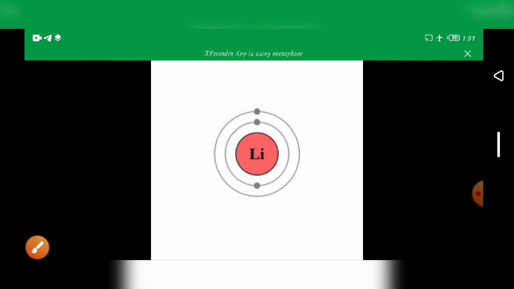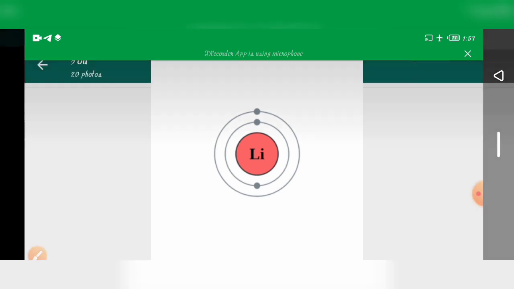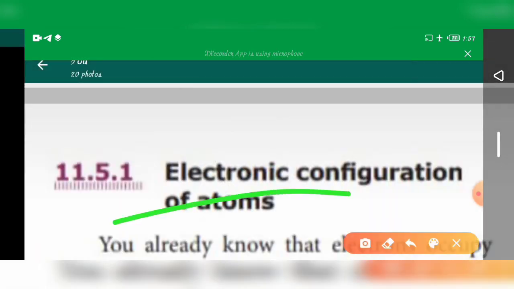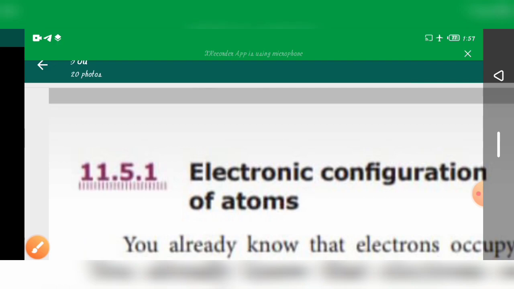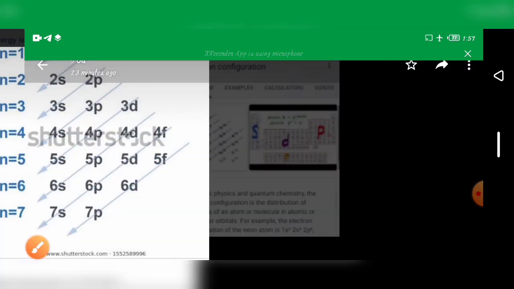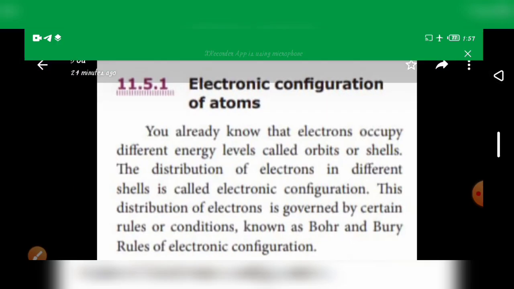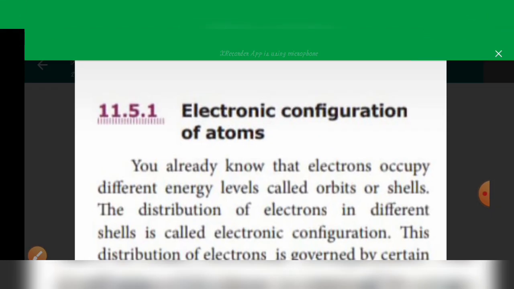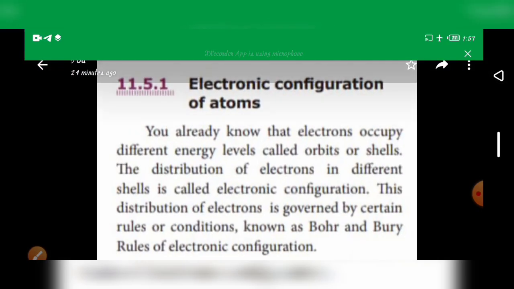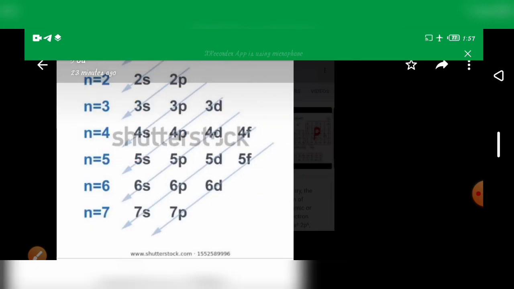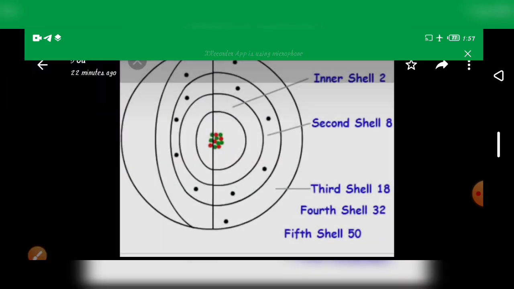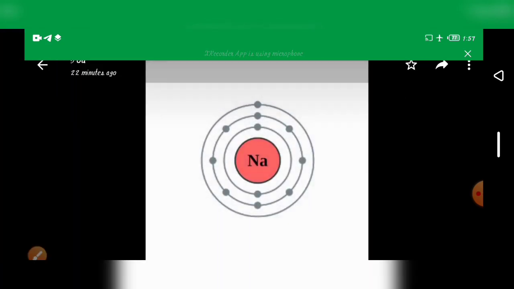Next, you see lithium. How many electrons are there? 3 electrons. So lithium has atomic number 3.